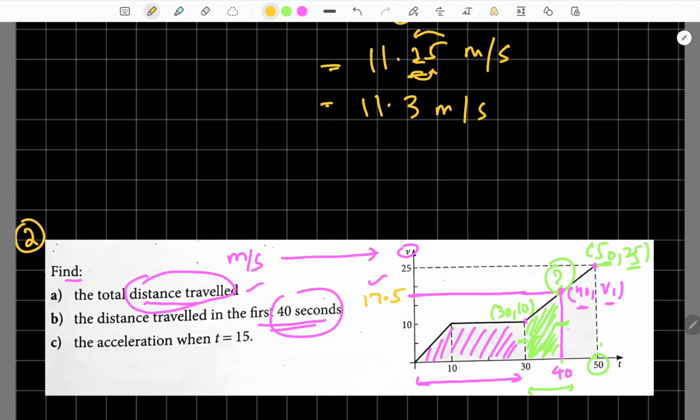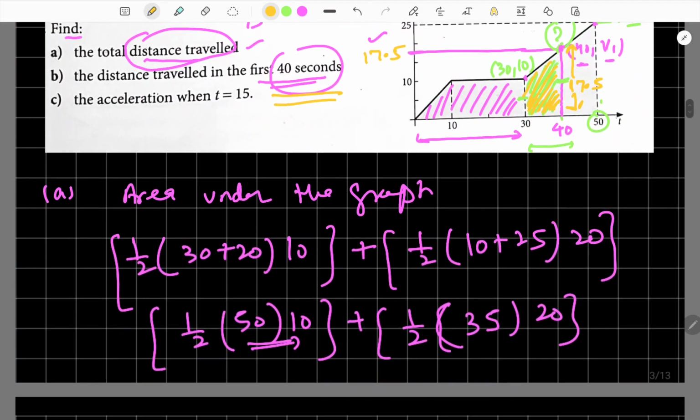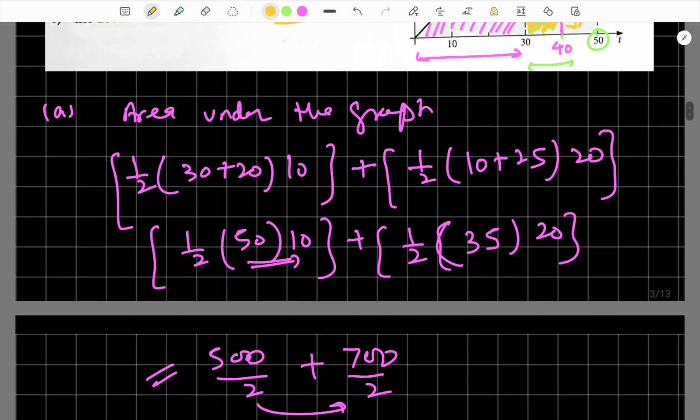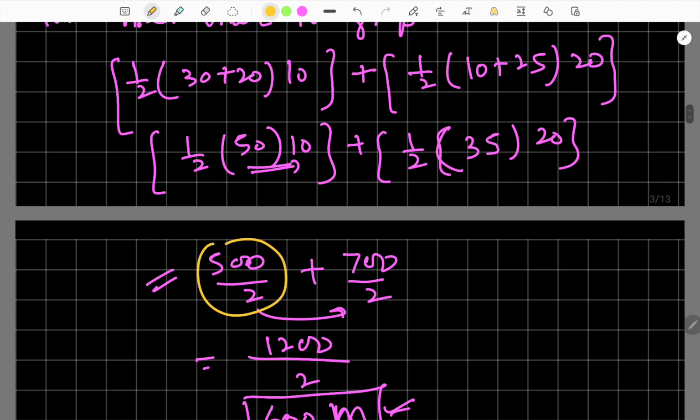So अब आपके पास आ गई, this is 17.5, the height of the other parallel line. Now you can find the area under this trapezium, area of this trapezium. Clarity बेटा? ठीक हो गया? So distance traveled in the first 40 seconds कितना आ गया? ठीक है? First 30 seconds का तो already बेटा हमने calculate किया हुआ है.